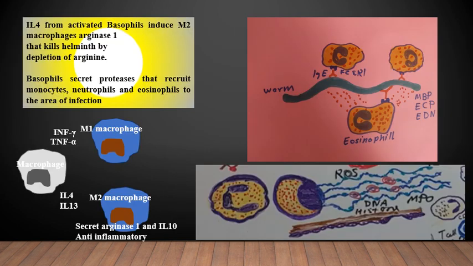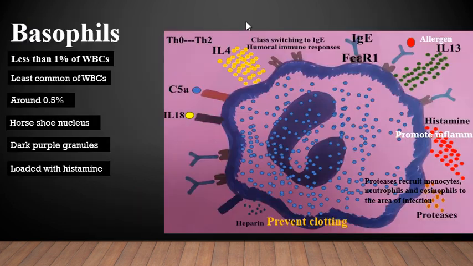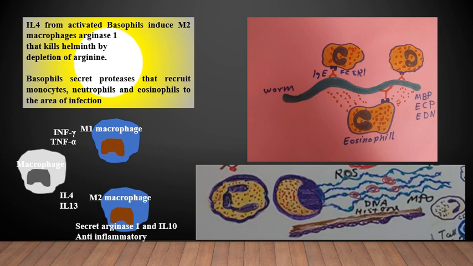As I mentioned, interleukin 4, as can be seen here, from activated basophils induces M2 macrophages. These M2 macrophages express arginase 1 that kills helminths by depletion of arginine.